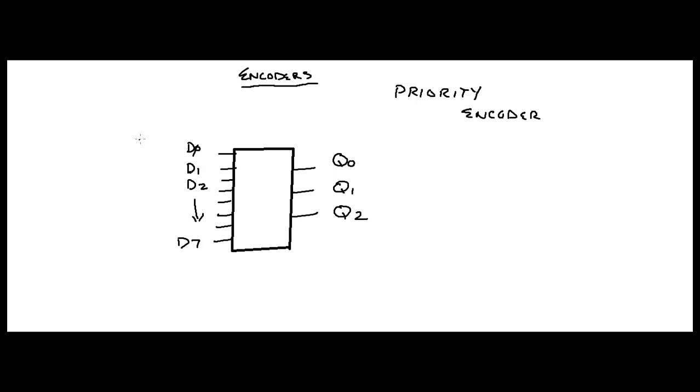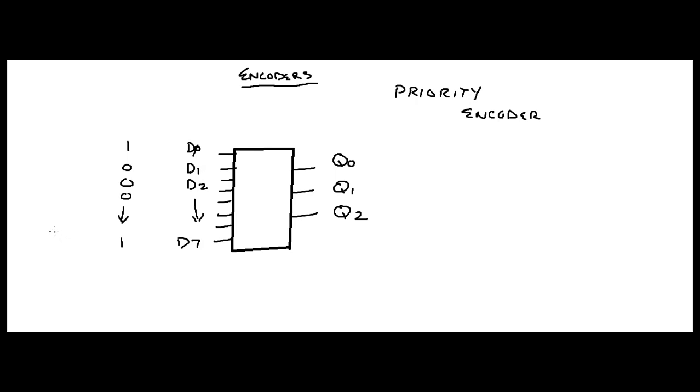Suppose you have more than one input active, which I mean, when I'm saying active, I mean high. Inactive means they're low, okay? So if D0 is a 1, then this is all 0, 0, 0, all the way 0, except here at the very end, and D7 is a 1, okay?